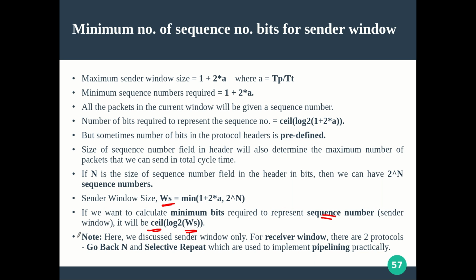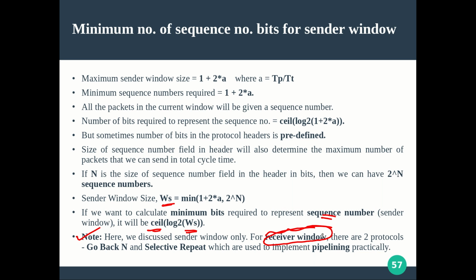This is something I just want to highlight at this point. Here we saw only the sender window concept, or the pipelining concept in general. When it comes to practical implementation, we have to consider the receiver window also, and that is a slightly different concept we will see in our subsequent discussion.